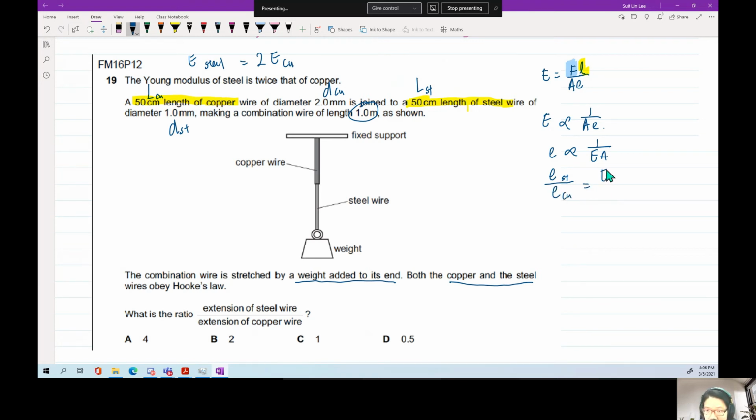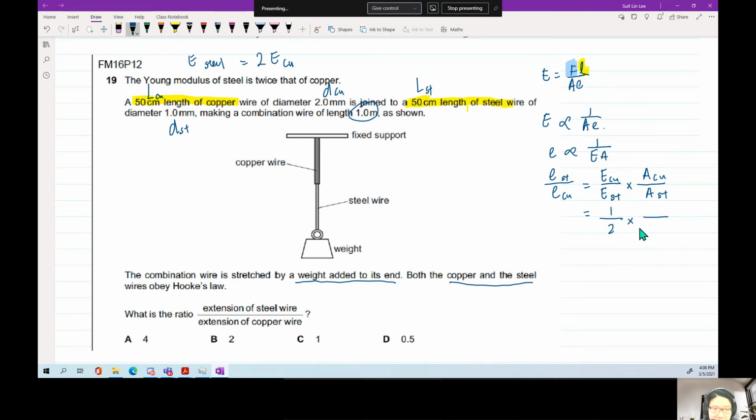I would take the Young modulus of copper, flip it because it's inversely proportional, divide by the Young modulus of steel, multiply by the area of copper, yeah, multiply by the area of steel. Flip it. So Young modulus of copper over steel is half, right? Because steel is twice of copper.